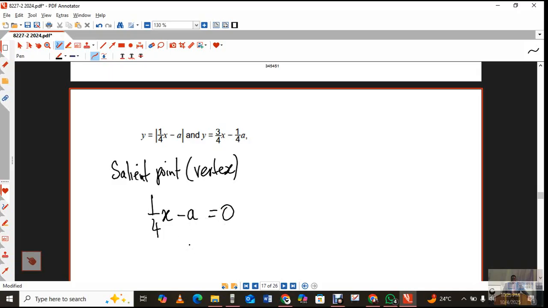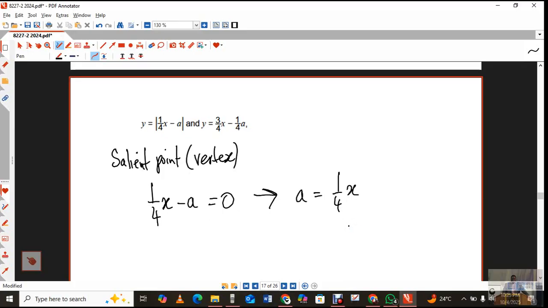This in turn will tell me that A equals 1 over 4x. Very important. Okay, or 0.25x. Then this also therefore means that x is equal to 4a. Now this is important.